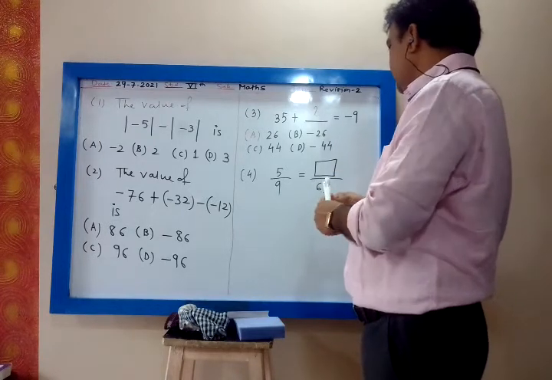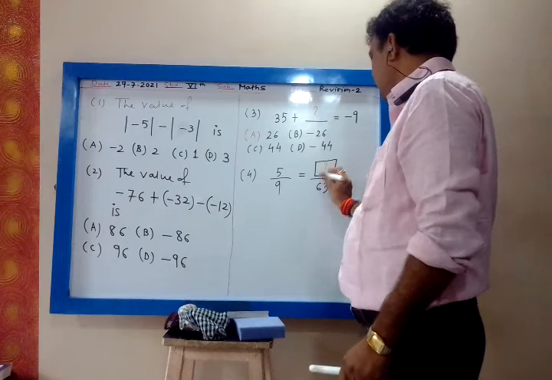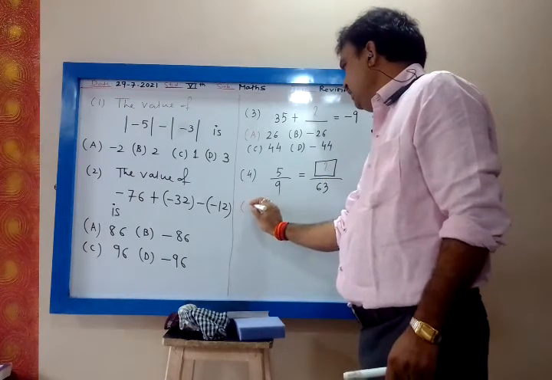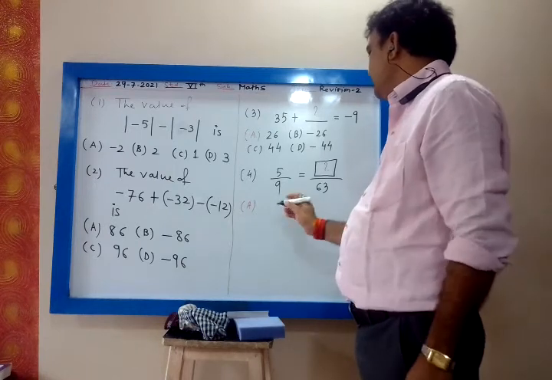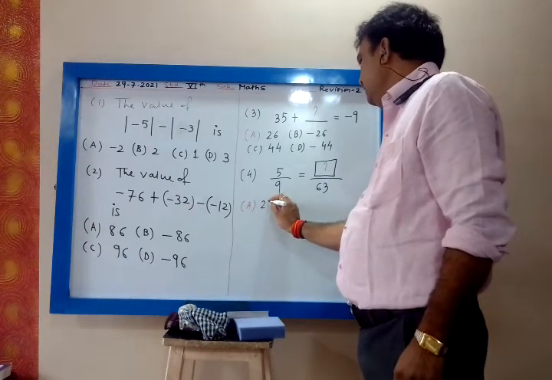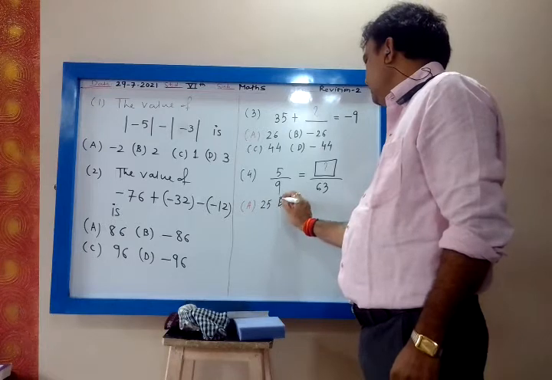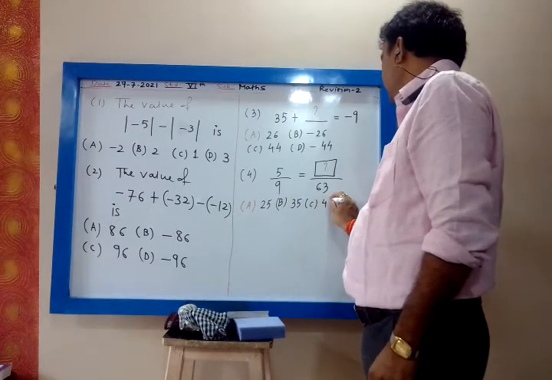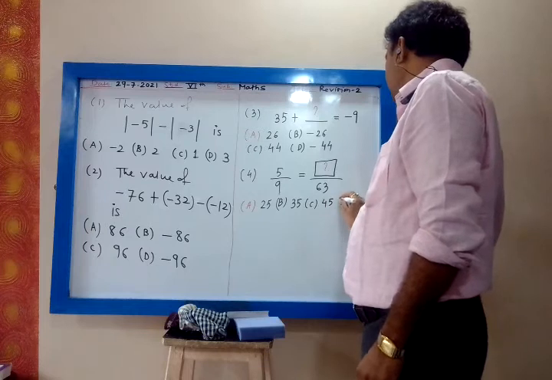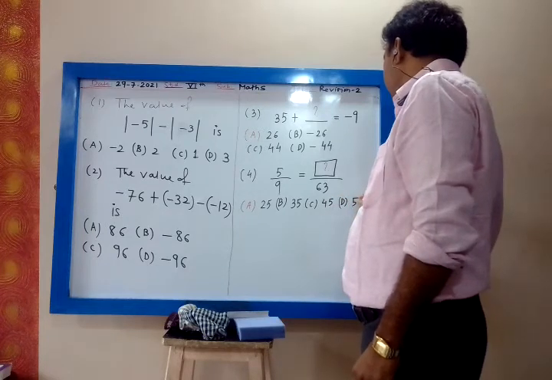You have to fill the box. Option A is 25, B is 35, C is 45, and D is 55.